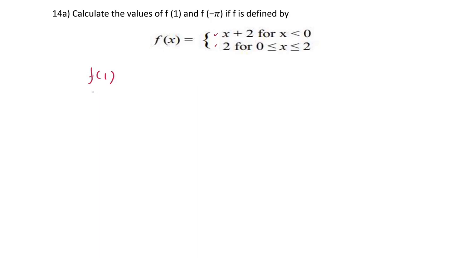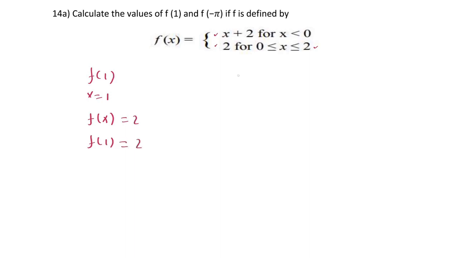For this one, we see x equals 1 lies in 0 less or equal to x less or equal to 2. So we are going to choose this one, which is f(x) equals 2. Therefore, f(1) equals 2.